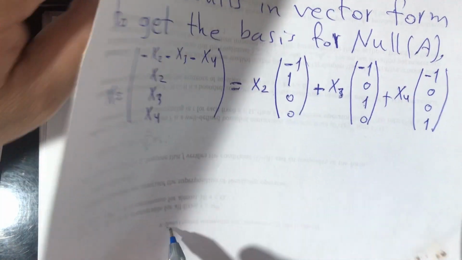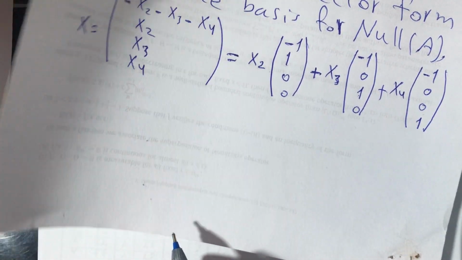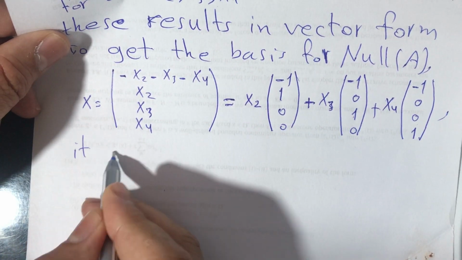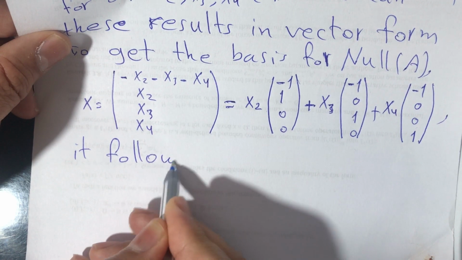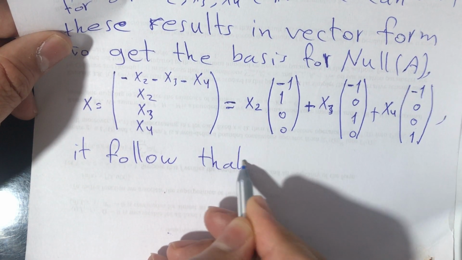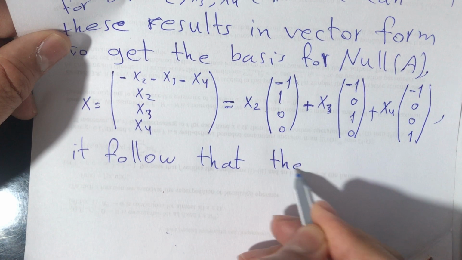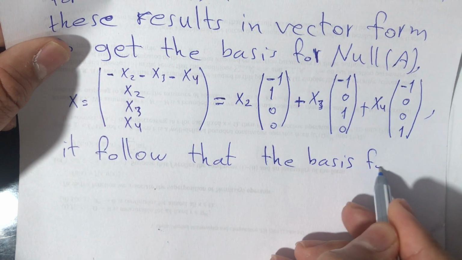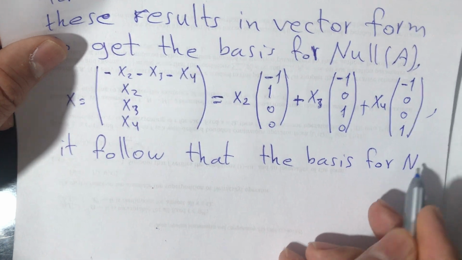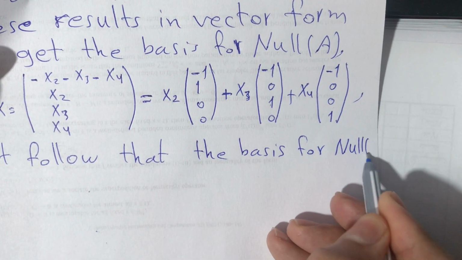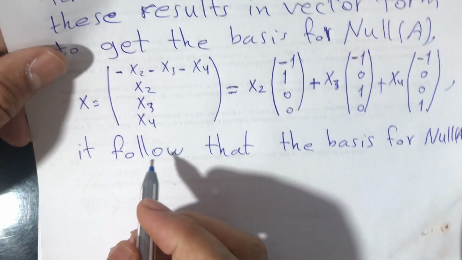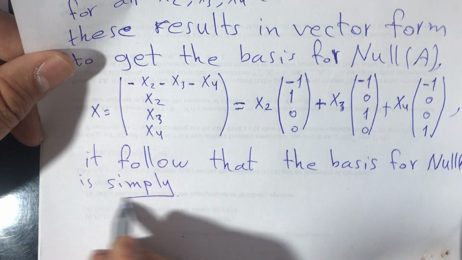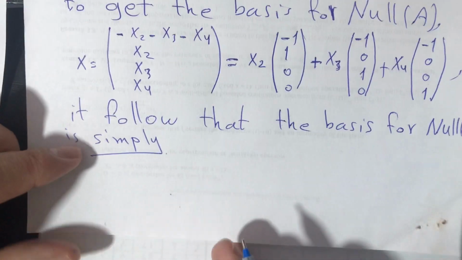It follows that the basis for null A is simply this set.